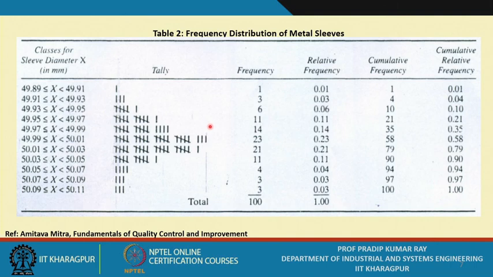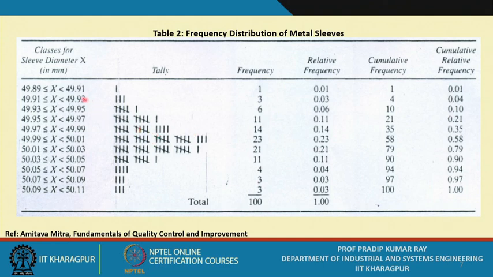Normally there is a formula. Suppose you deal with n data points, the square root of n could be the number of class intervals. So if it is 100 data points, you take the square root of 100, that means 10 class intervals, and you arrange them.